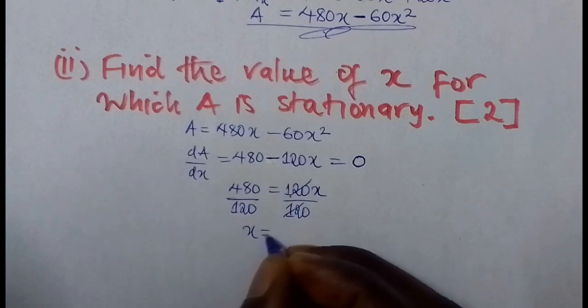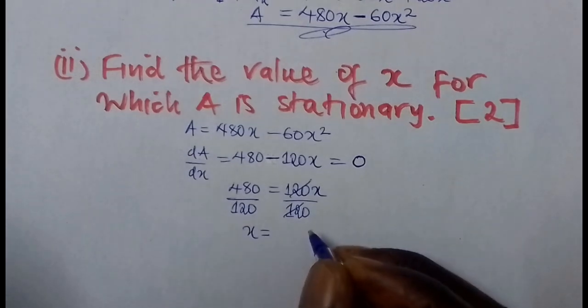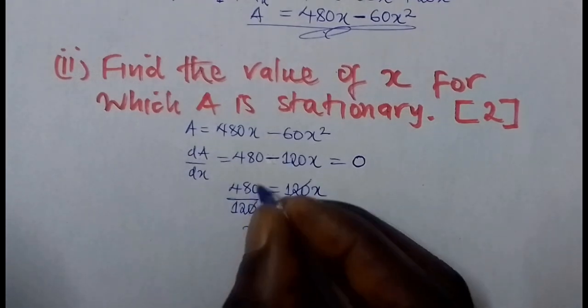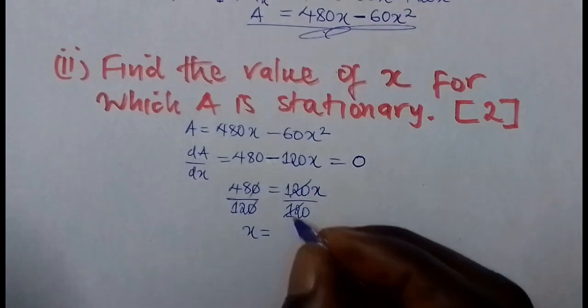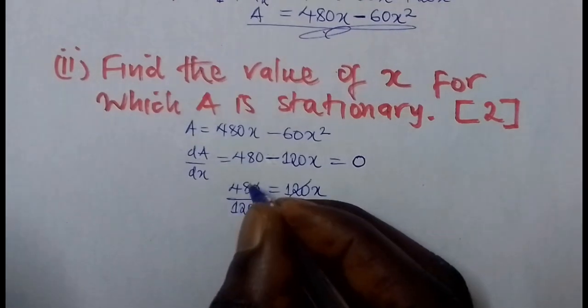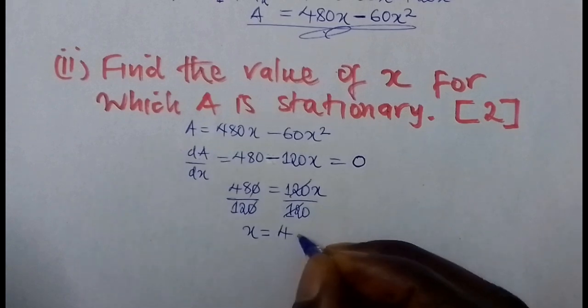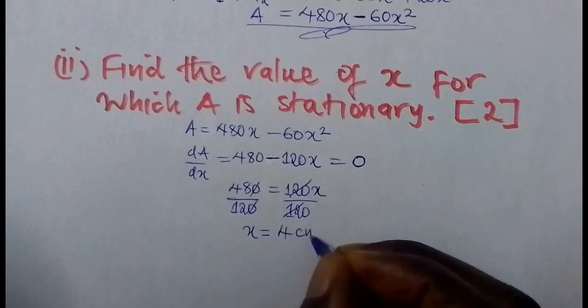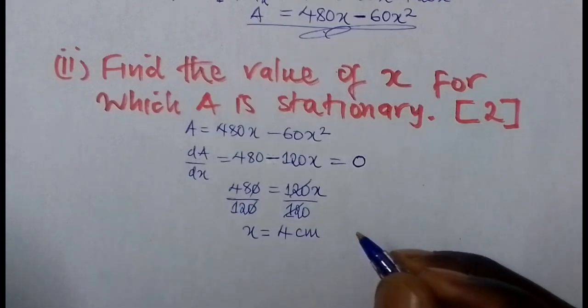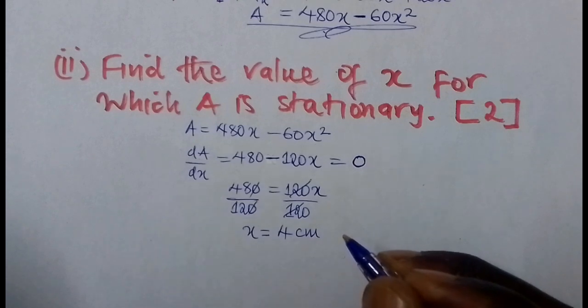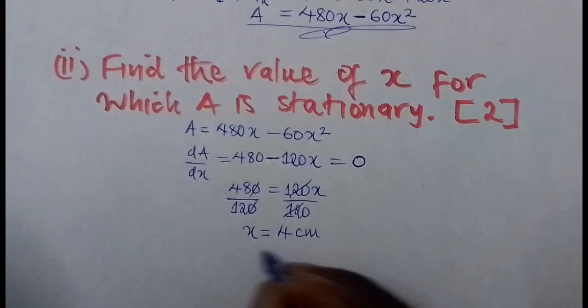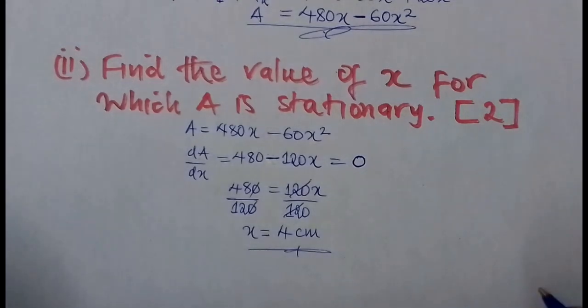So x equals 480 over 120, or we can just divide 48 by 12, which gives 4. So this is centimeters. So the value of x is 4 centimeters when A is stationary.